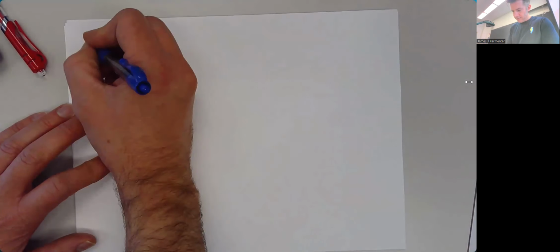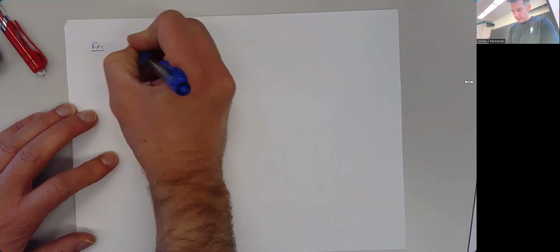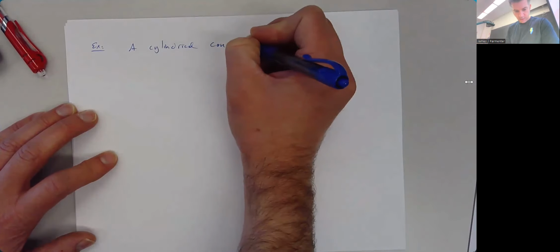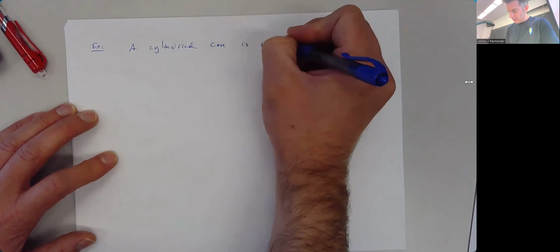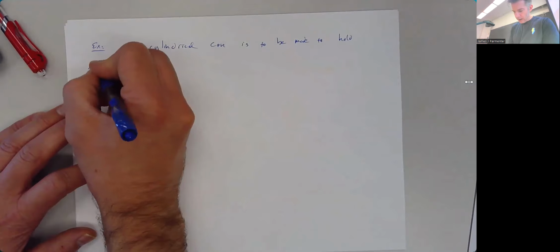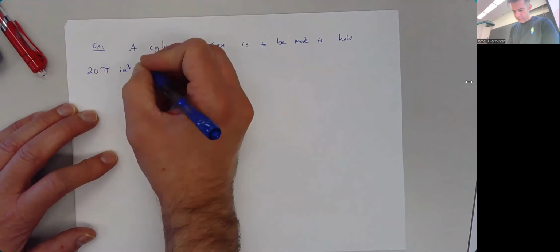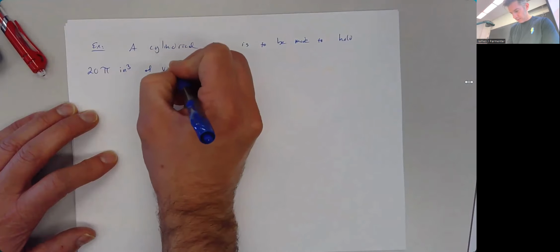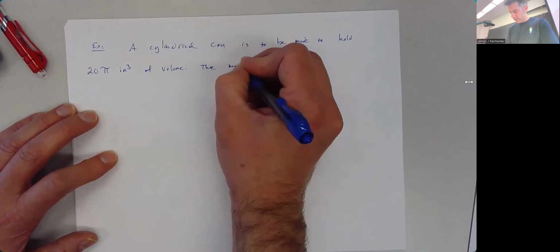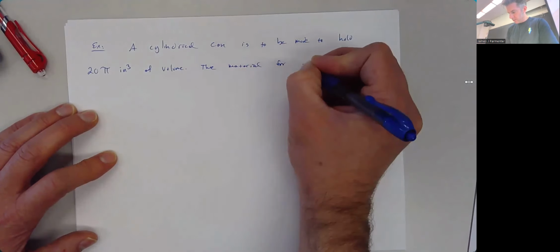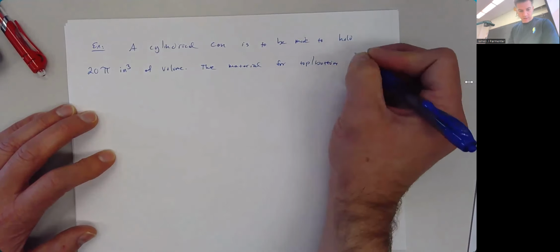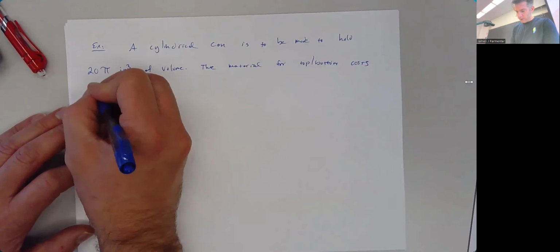A cylindrical can is to be made to hold 20 pi cubic inches of volume. The material for the top and bottom costs $1 per square inch.